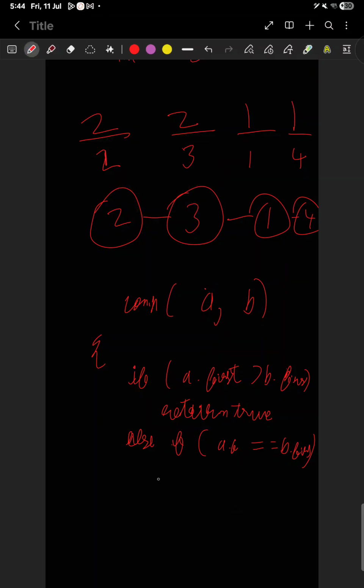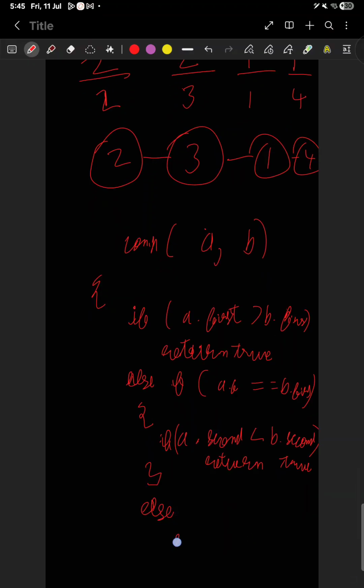So if A dot second is less than B dot second, return true.